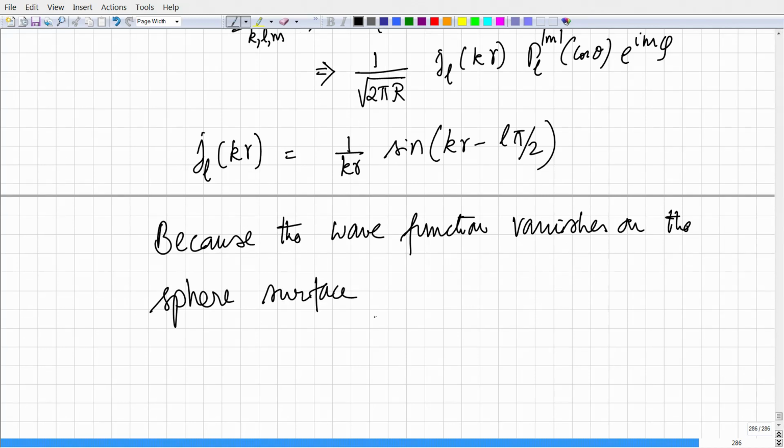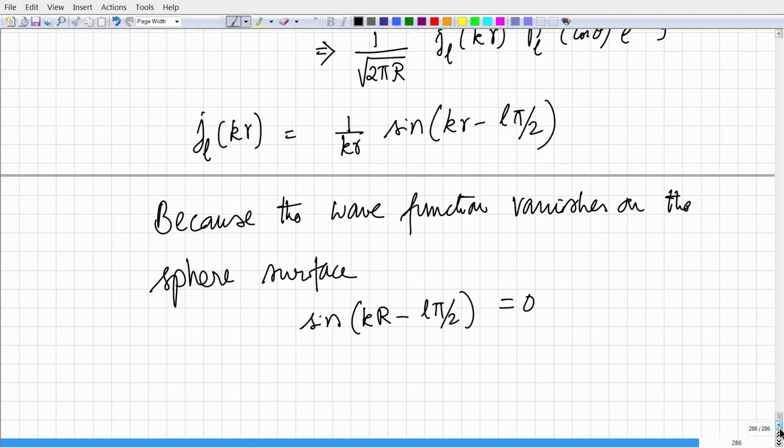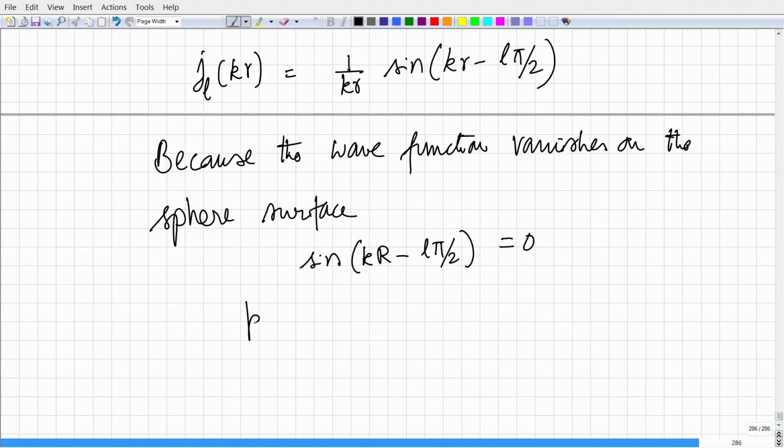We have sine of (kr minus L pi by 2) should be equal to 0, or we have the condition on k that kr minus L pi by 2 is equal to n pi, where n is an integer.